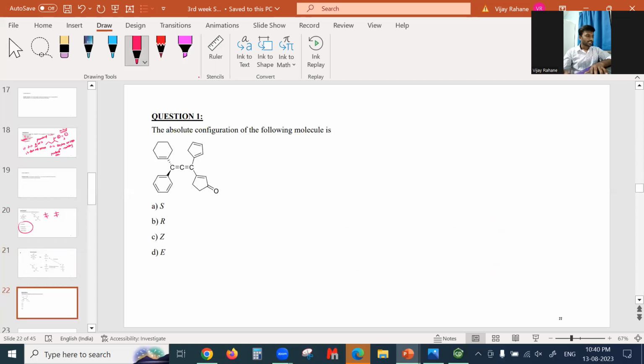The next question is the absolute configuration for the following molecule. These are some interesting questions. We just need to identify the absolute configuration for this molecule. So these are allene systems, right?